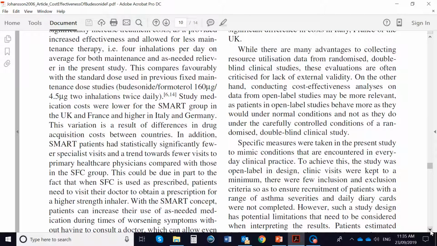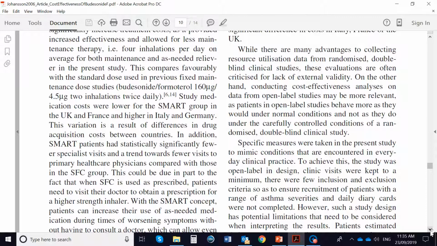I think the obvious reason for not doing discounting is that this was a 12-month comparison. You basically don't need discounting for up to a year. There's no change in inflation. It's finishing in 1 year.